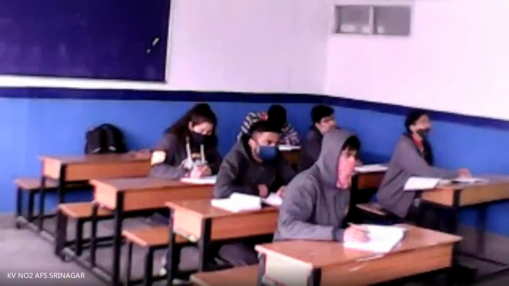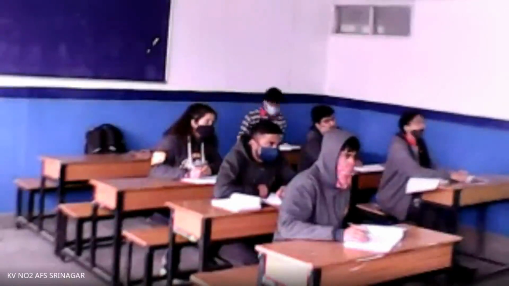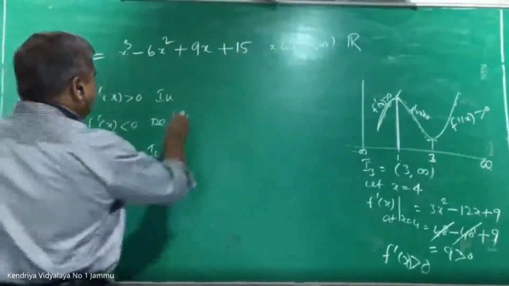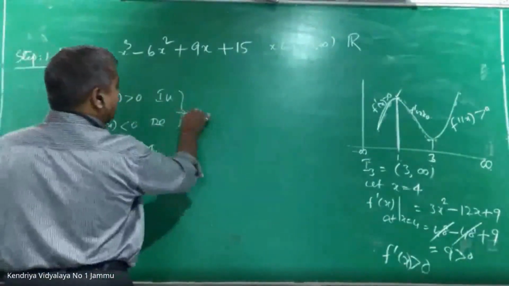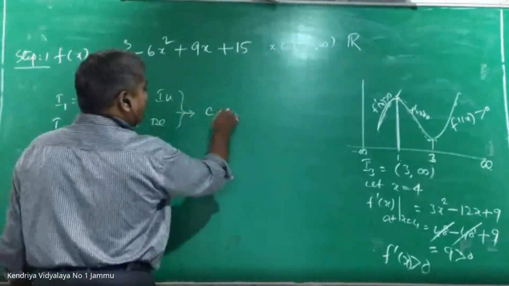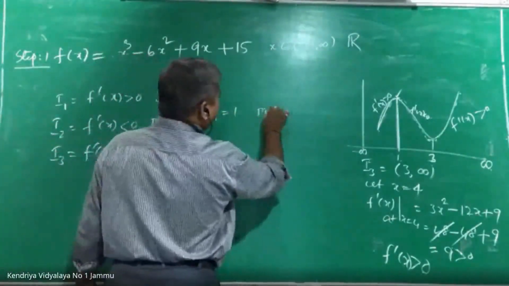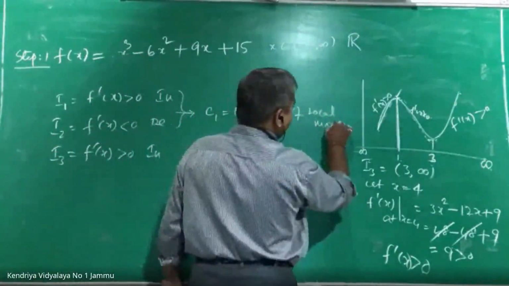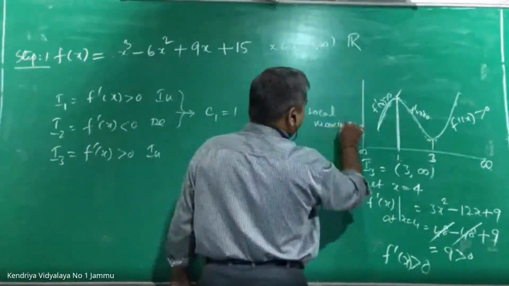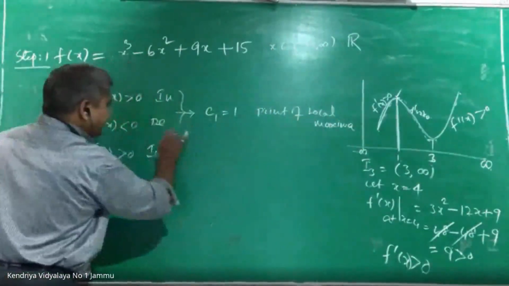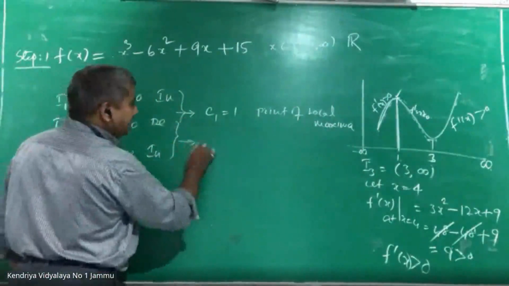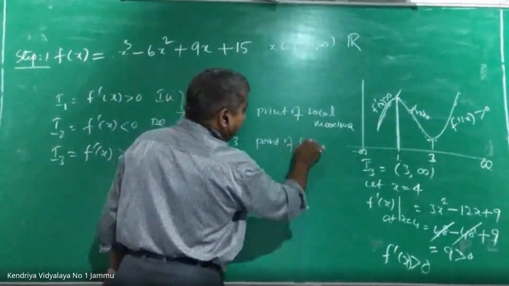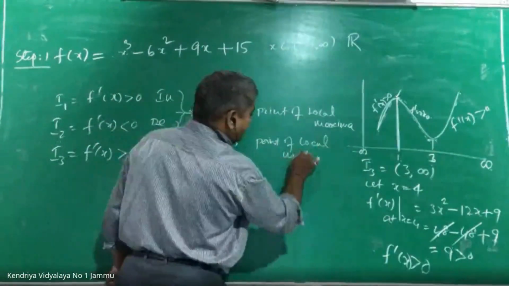No, sir. Yeah, now it is increasing, decreasing, and increasing. I told you already, whenever increasing and then decreasing comes, the critical point C1 is a point of local maxima. If decreasing and then increasing, then C2 is equal to 3, it is a point of local minima.